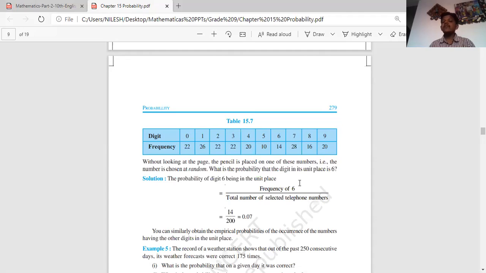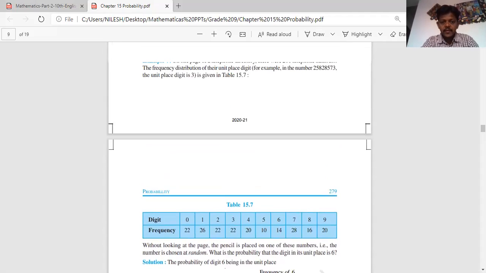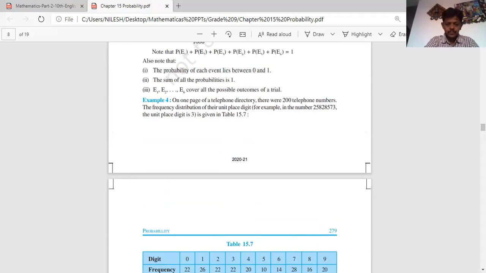That is 1, 3, 5, 7 and 9. So you'll have to add 26 plus 22 plus 10 plus 28 plus 20. Yes or no, children? Yes, sir. So now, you don't need to copy down the example for all of them. I am copying it. You can just have a look at this example.